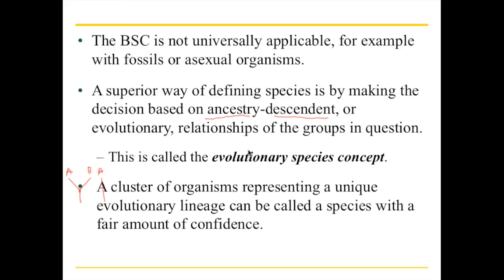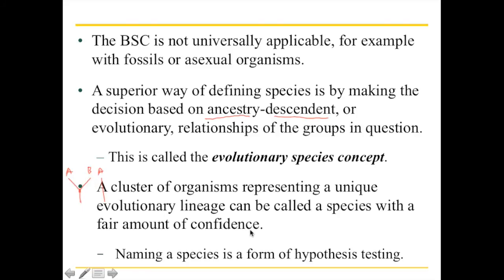So you have to make that case that maybe they look similar because at some point they had a common ancestor, but now they don't. So I'm going to call one A and the other one B, and that gives me justification and confidence to describe it as a new species. And that's the process I have to go through.